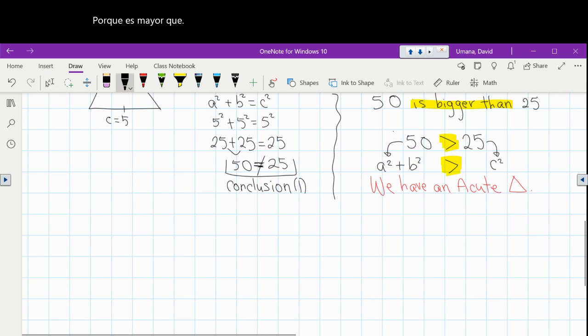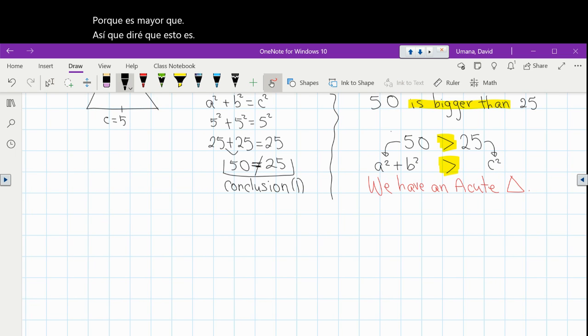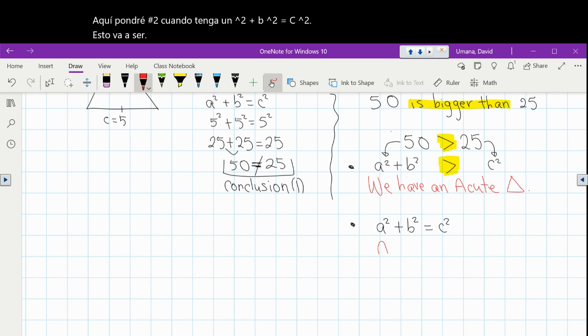So I'll say this is number 1. Here I'll put number 2. When I have a squared plus b squared equals c squared, this is going to be a right triangle.